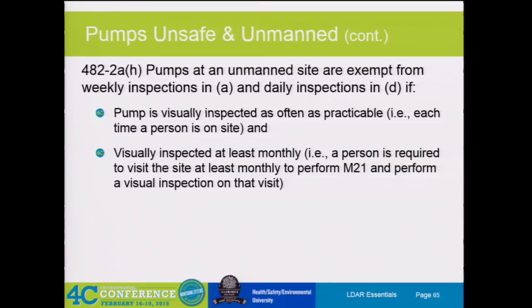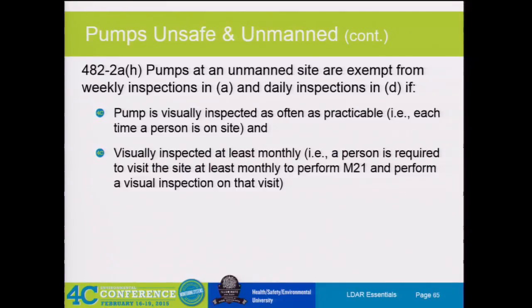Pumps at an unmanned site are exempt from weekly inspections. The pump is visually inspected as often as practicable, so that's just when a person's on site. They have to go out there and look at it, so every time they go there, you'd have to have a pump inspection done. Visually inspected at least monthly, i.e., a person is required to visit the site at least monthly to perform Method 21 and perform a visual inspection on that site.